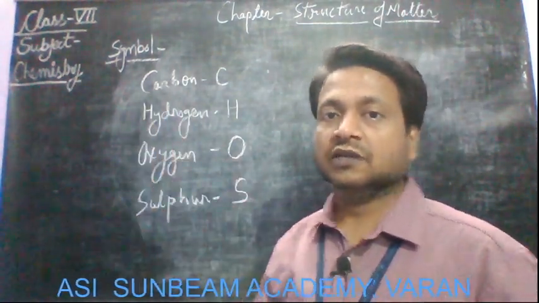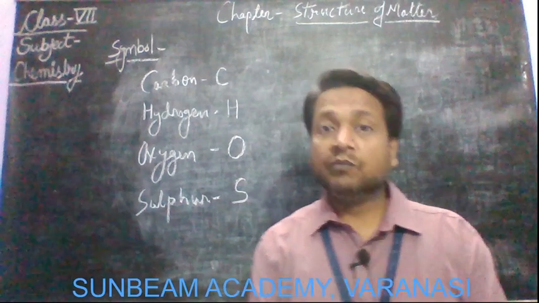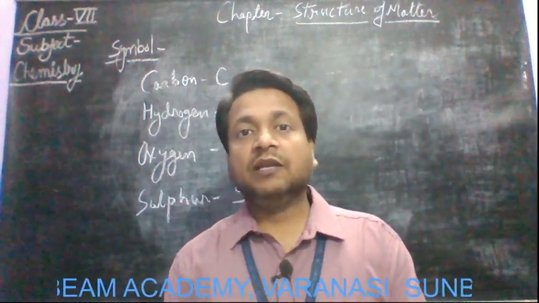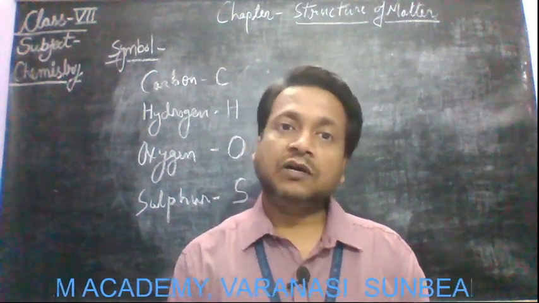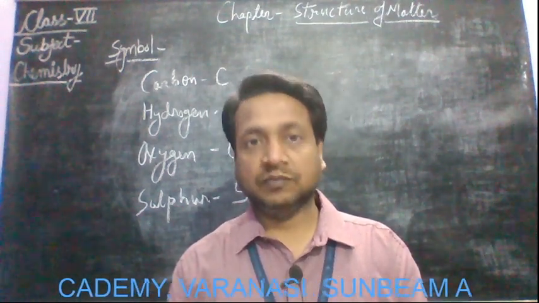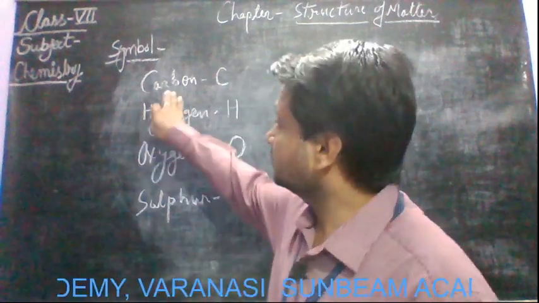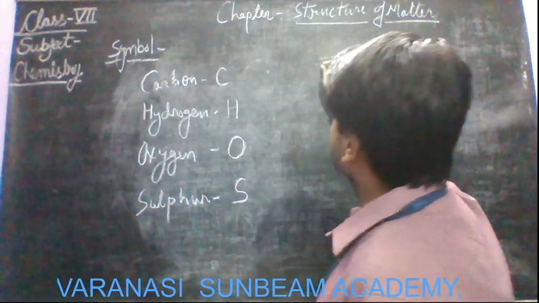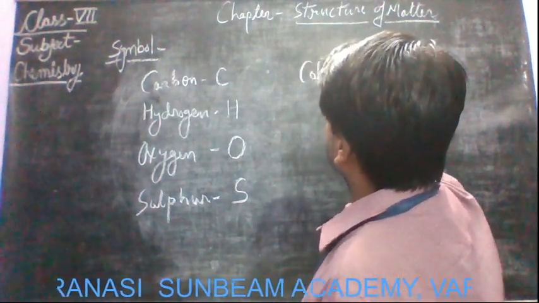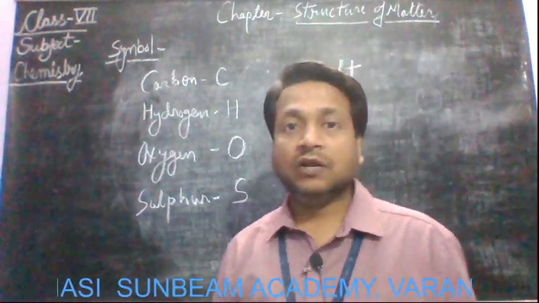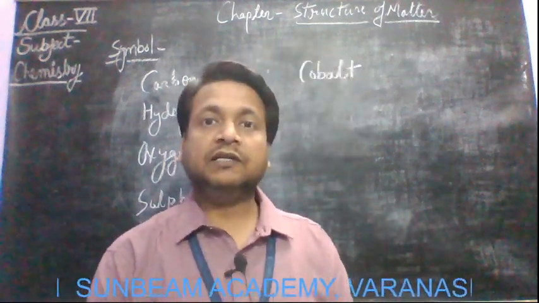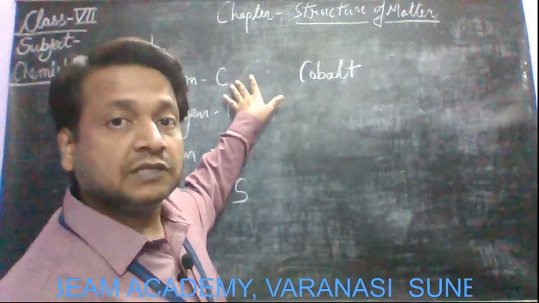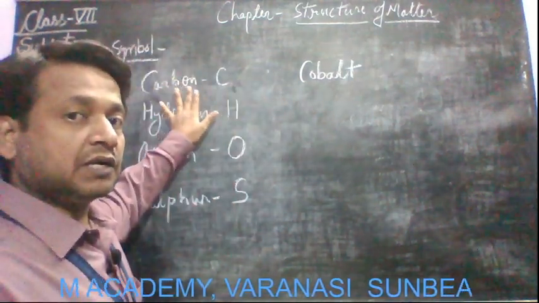But one more thing you have to remember about symbols. Some of the elements have the same starting letter in their names, like carbon, that is C, and cobalt also starting from C. So we cannot use only the first letter to indicate them as a symbol, because capital C is already used to denote carbon.